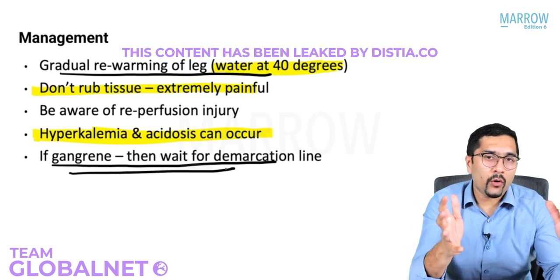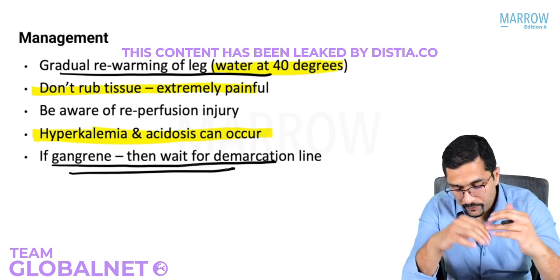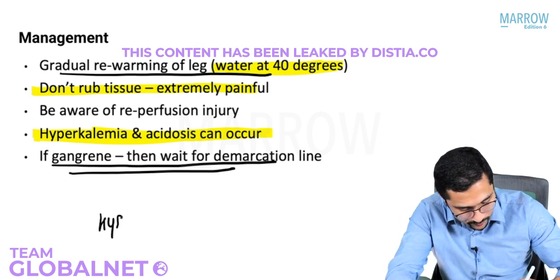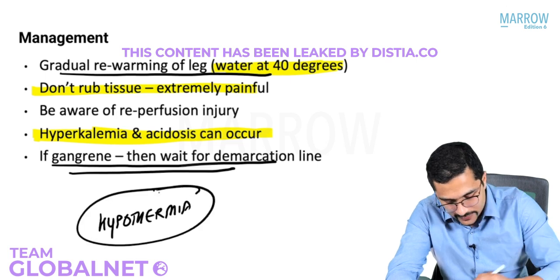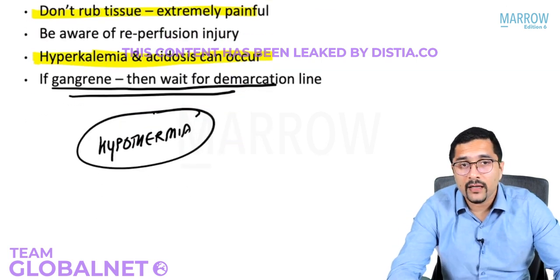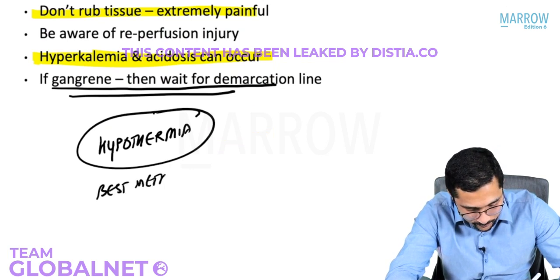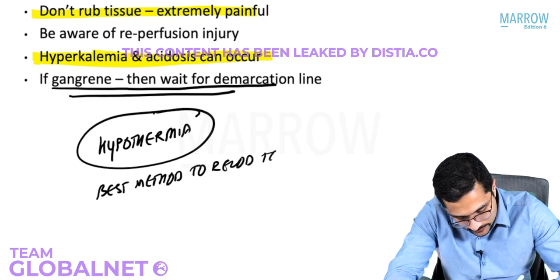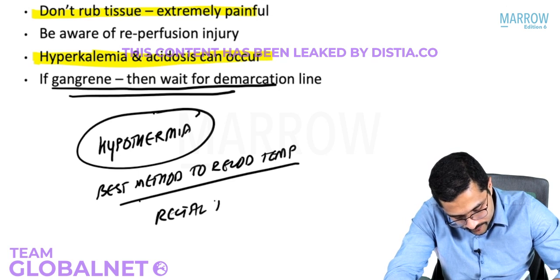Of course, the more important topic is burns, but I've also covered hypothermia. One thing which I want you to know in hypothermia, which is very important for your exam, and this has been asked in the AIIMS and the INI-CET exam as well, is that in hypothermia, the best method to record temperature in a hypothermic patient is rectal temperature.